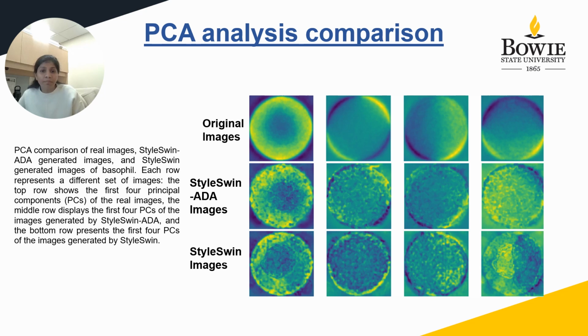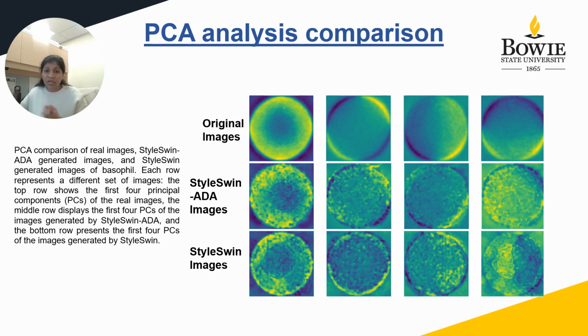The heat map illustrates how different images, both original and generated, contribute to each principal component. The lighter color represents a higher contribution, while darker colors indicate a lower contribution. The objective is to assess the similarity or differences between the original and generated images based on the principal components.